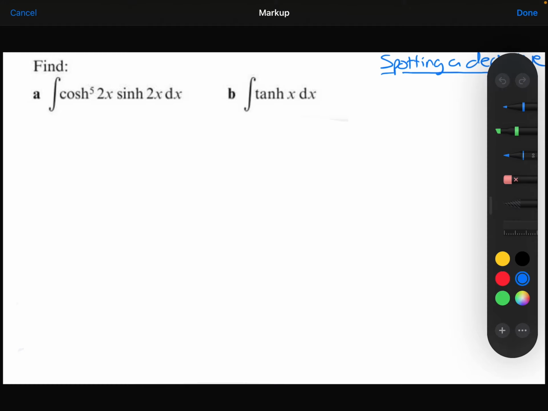So this first example, just to make this a bit easier for you to spot maybe, let me rewrite this as sinh 2x multiplied by cosh 2x to the power of 5. Hopefully you can see that the way I've written this is exactly the same as what they've got there.